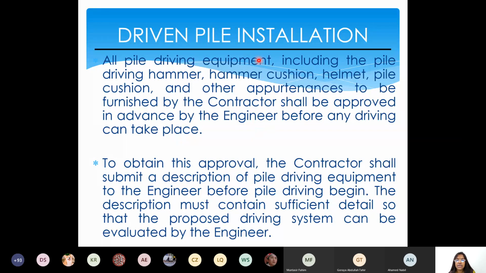So all the PPE and the preparation for the pile driving should be taken care of so that you can avoid any accidents or unwanted situations. To obtain this approval, the contractor shall submit a description of the pile driving equipment to the engineer before pile driving begins. The description must contain sufficient detail so that the proposed driving system can be evaluated by the engineer.